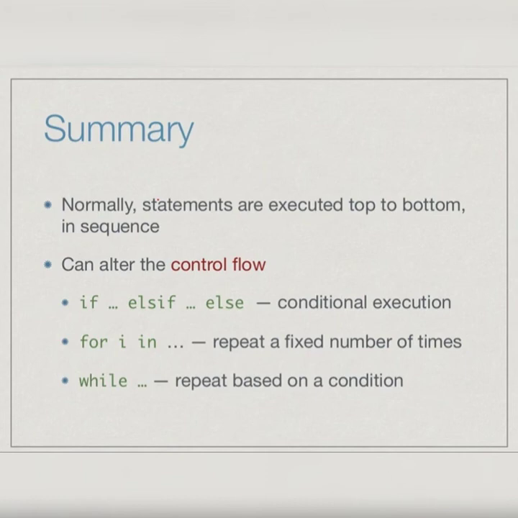Now, the control flow we have learned is of 3 types. The first one is conditional execution, where we check multiple conditions using if and else statements, and in Python we use if and elif statements.